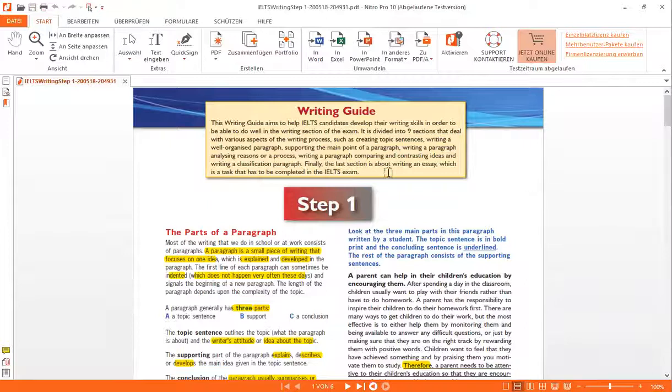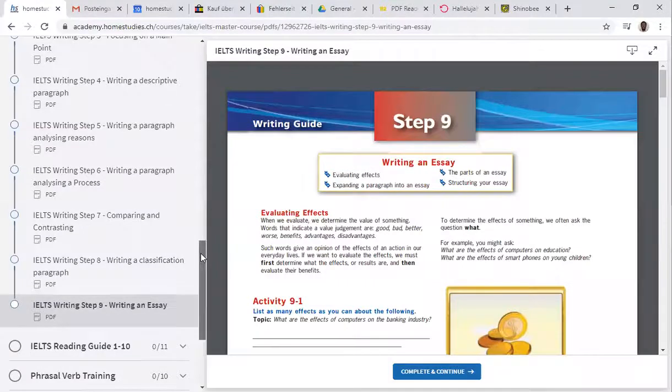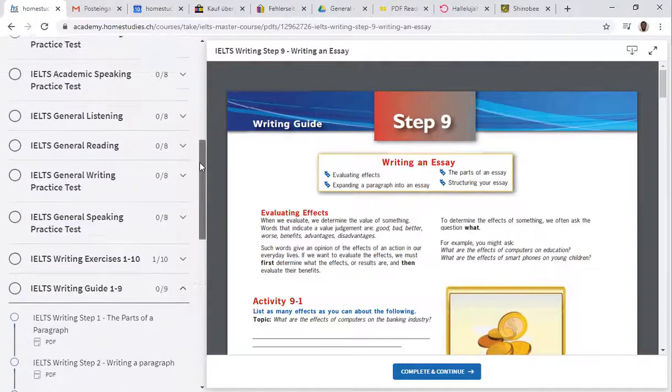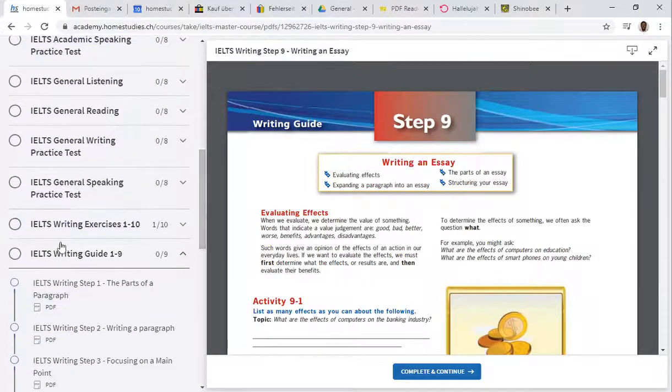On the screen, you probably see this PDF that I'm sharing with you. I pulled this PDF from the platform and I'm going to show you where I got it from. So this is it. When you go to the menu section, you've got IELTS Writing Guide 1 to 9, all right?